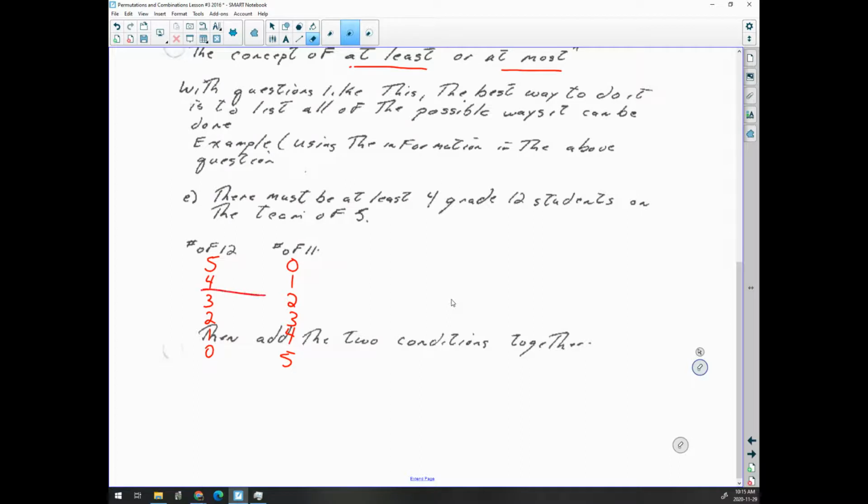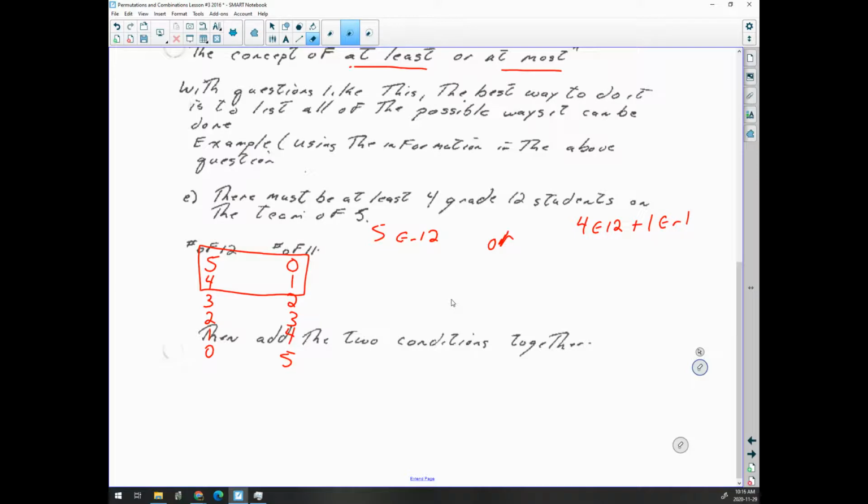So there must be at least 4 grade 12 students on the team of 5. So this means we have 5 grade 12 students and no grade 11s, or 4 grade 12 students and 1 grade 11. So 5 grade 12s, or 4 grade 12s and 1 grade 11.